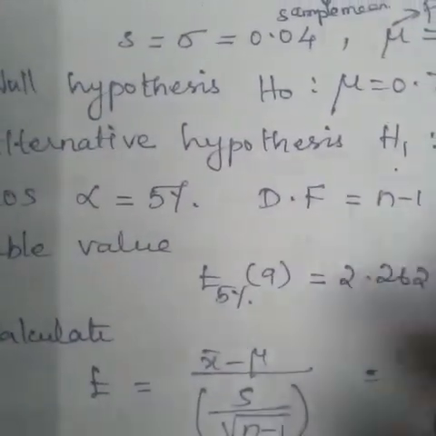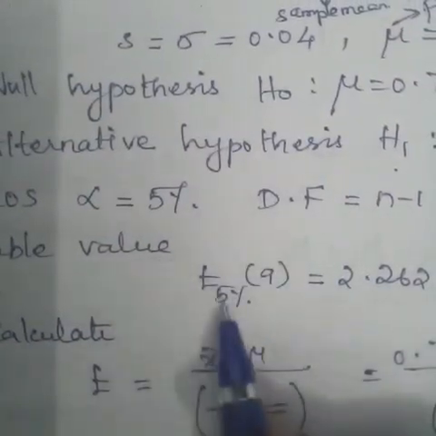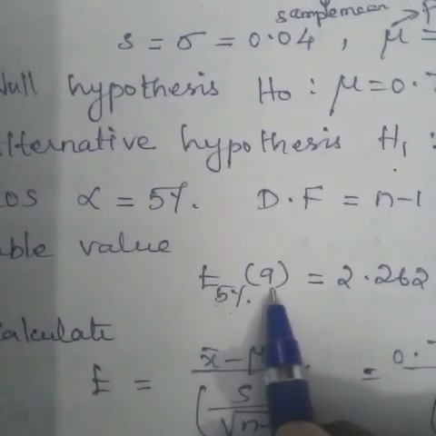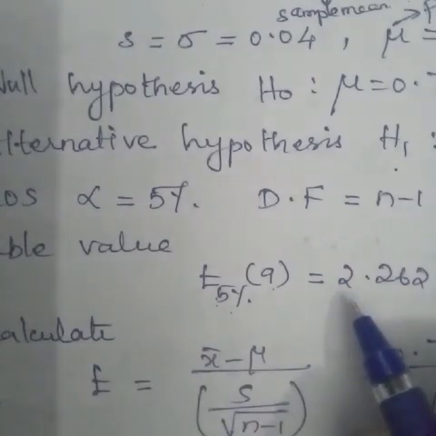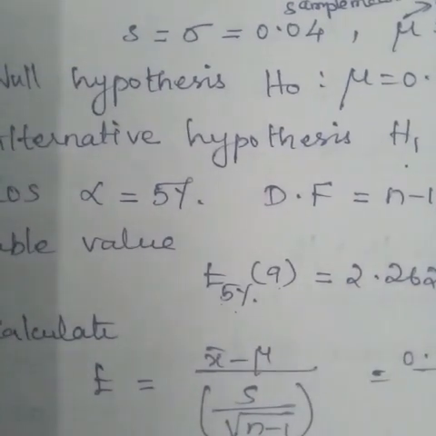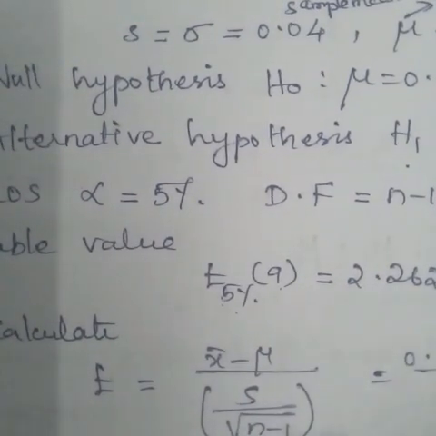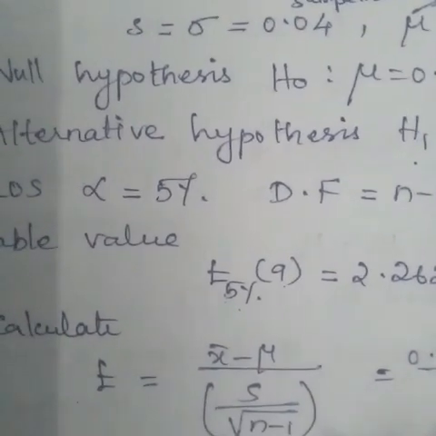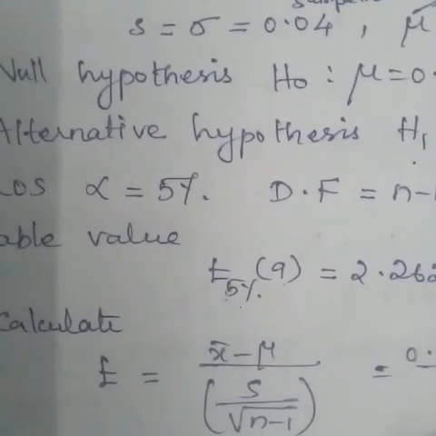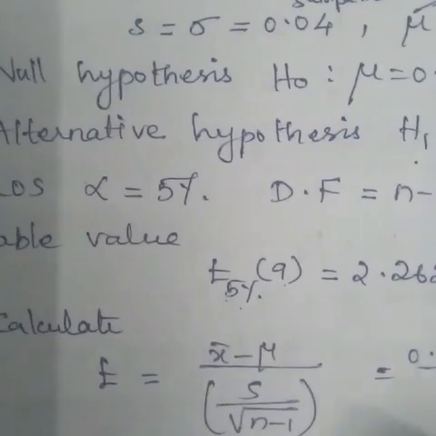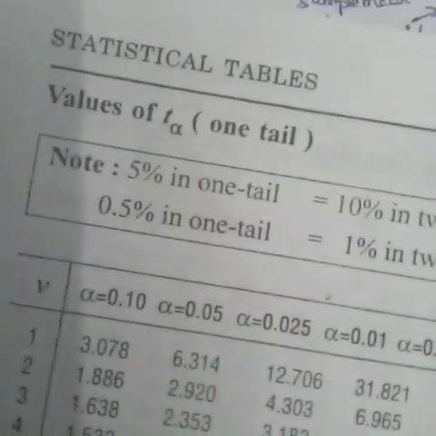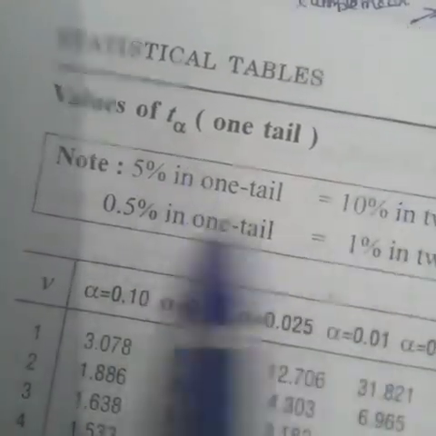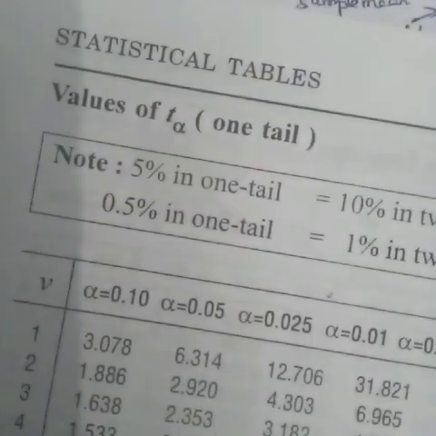The next is the table value. The table value of t at the 5% level with 9 degrees of freedom is 2.262. All the table values are given in the last page of the textbook. In the t table, we have one tail and two tail, at 5% and 1% levels.